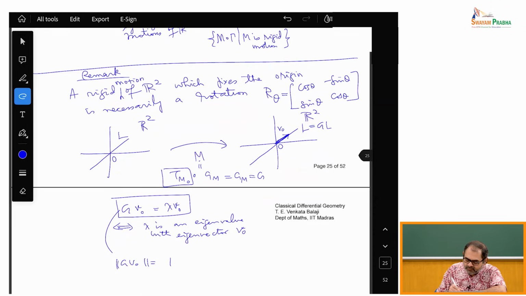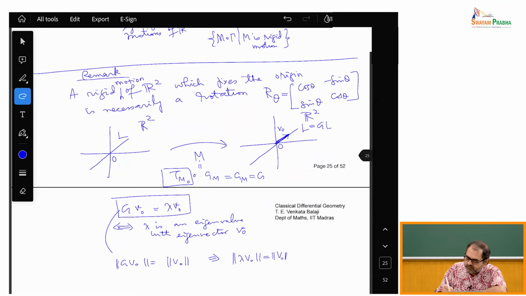But that case of rotation by 180 degrees is very funny. I want to first rule out the case when a line is going back to itself. If it does, you get this eigenvector and eigenvalue, but now use the fact that G is an isometry. So norm of G V naught is norm of V naught, because G is an isometry. This will give norm of lambda V naught equal to norm of V naught.